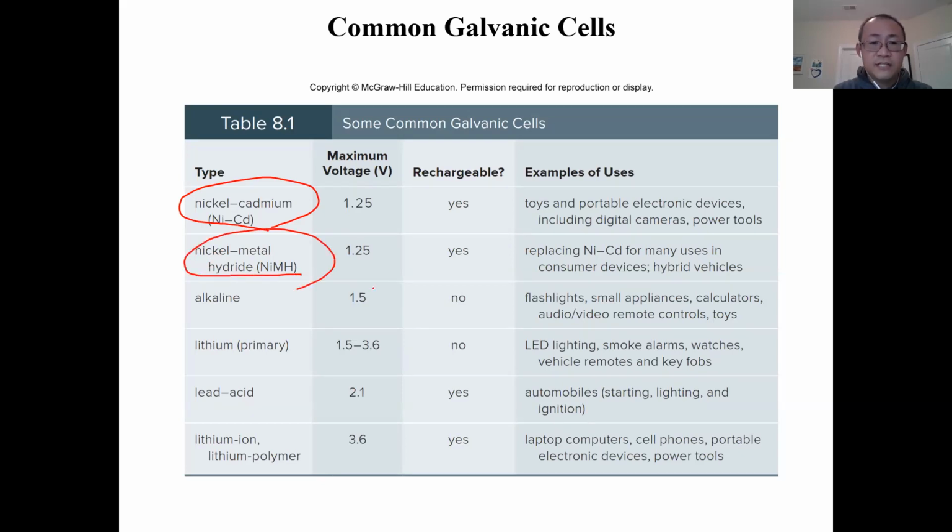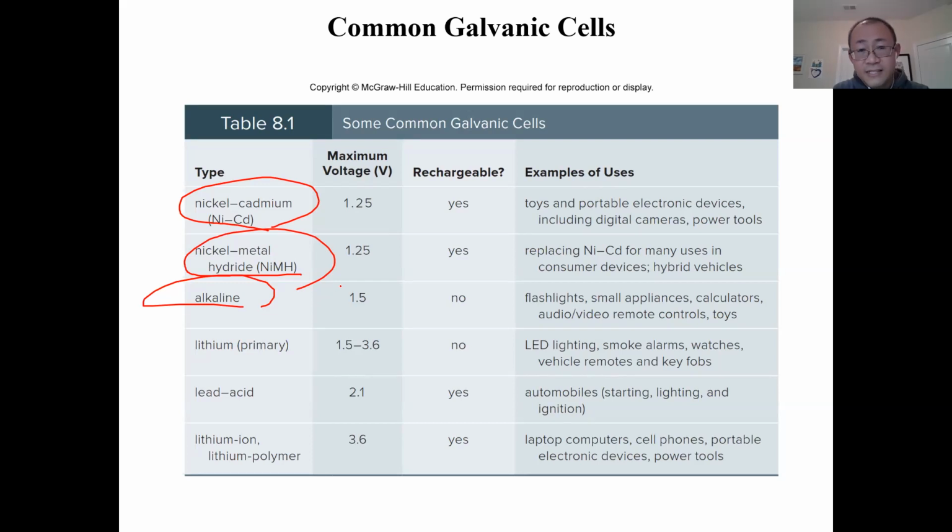Another cell is called the nickel metal hydride cell. The voltage is the same, 1.25. It's also rechargeable. Nickel metal hydride cells are replacing nickel cadmium for use in consumer devices, and they are also used in hybrid vehicles. The third, of course, is the most commonly used cell.